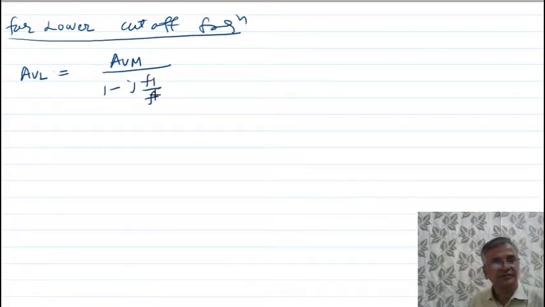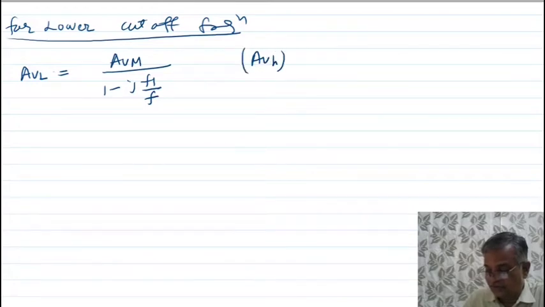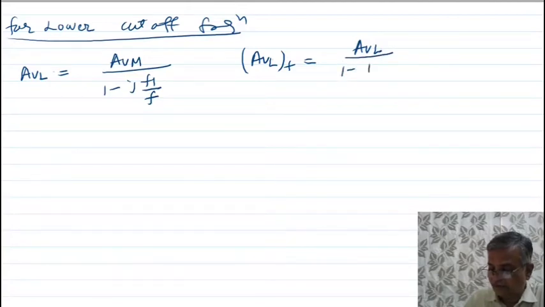You studied that the equation of gain with feedback is given by AVL upon 1 minus kAVL. You know this.